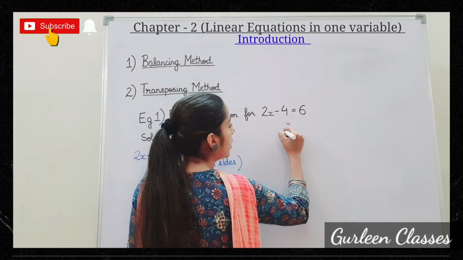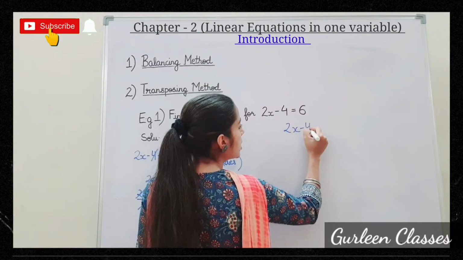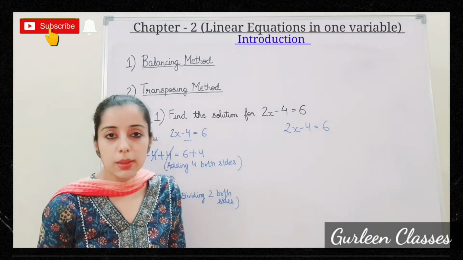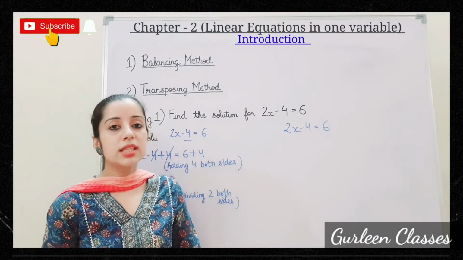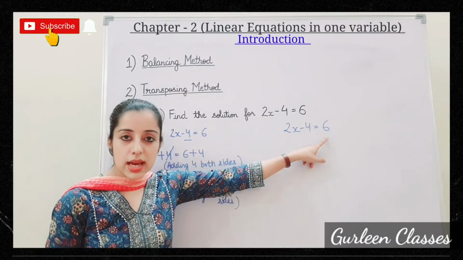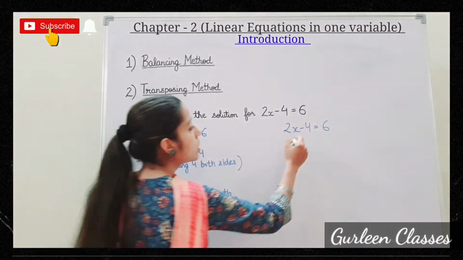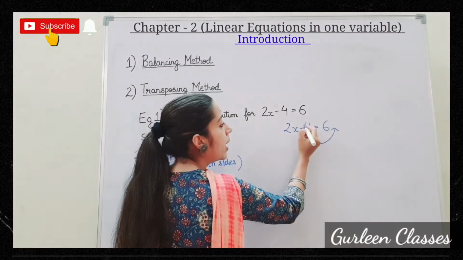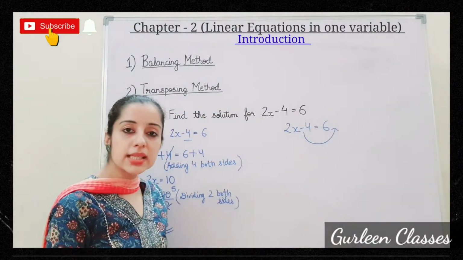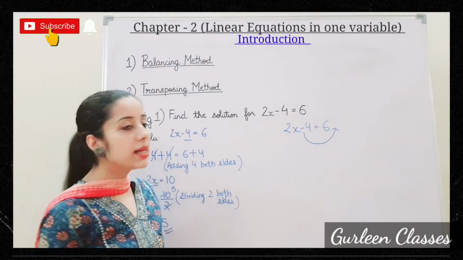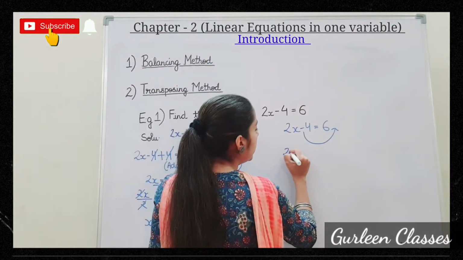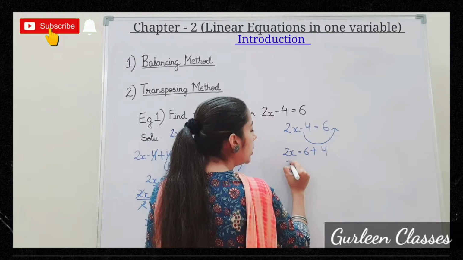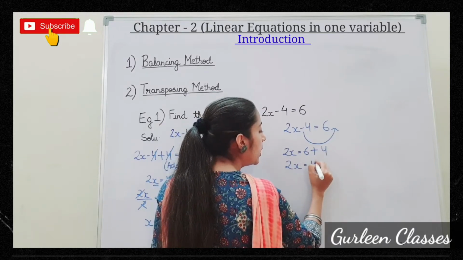Transposing method right here, 2x minus 4 is equal to 6. Students, in transposing method, first you have to see here we have constant, you will transpose minus 4 from left side to right side. Minus will become plus, plus becomes minus. So right here 2x is equal to 6 plus 4. 2x is equal to 10.